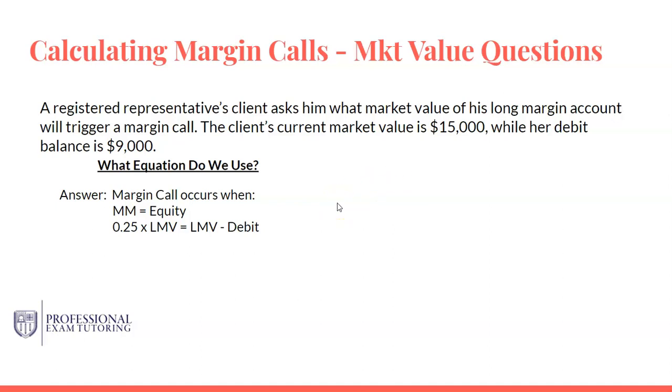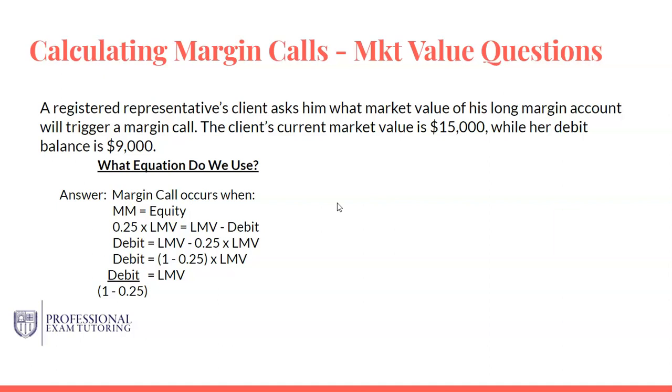So we can see that if we rearrange this equation, we're left with long market value equals debit over 1 minus 0.25. Now, if this seems a little too complicated to run through, then don't worry about it. All you really need to know is debit divided by 1 minus 0.25, or quite simply, debit divided by 0.75.